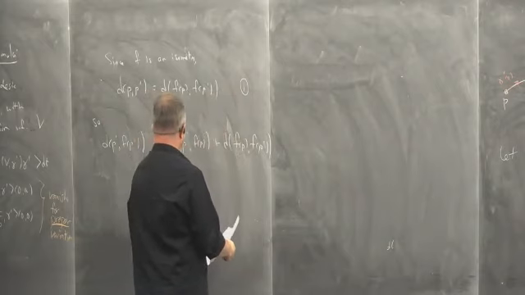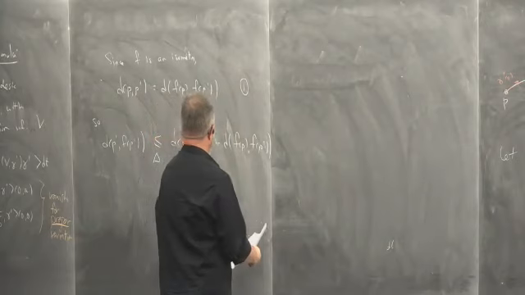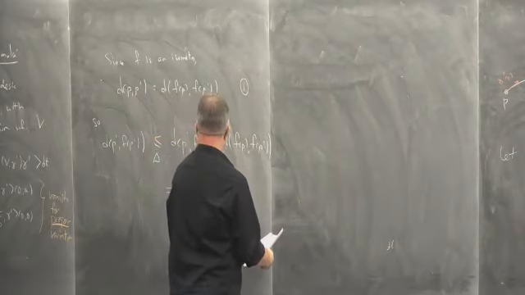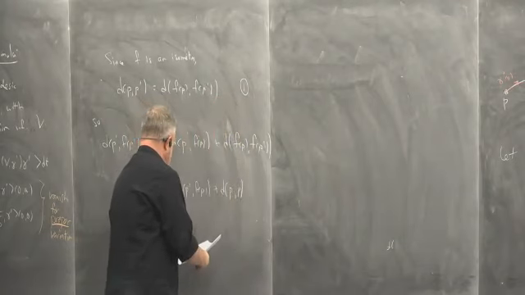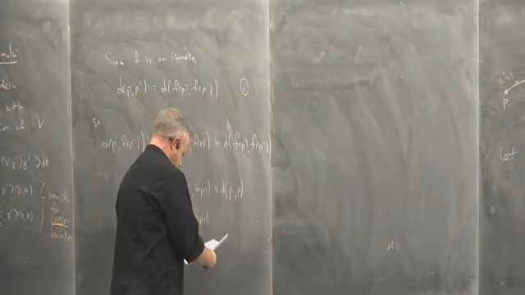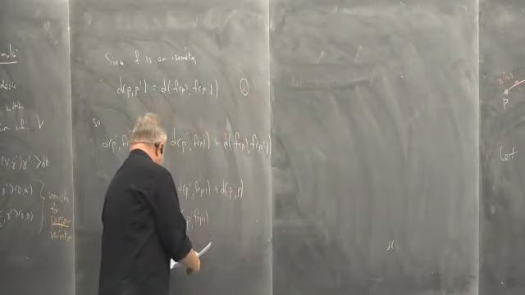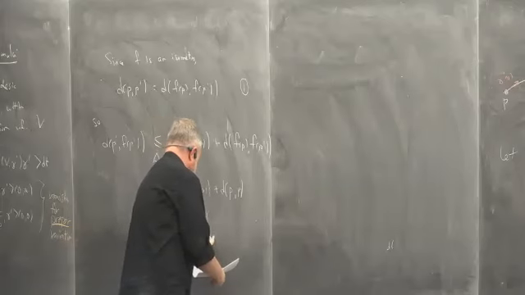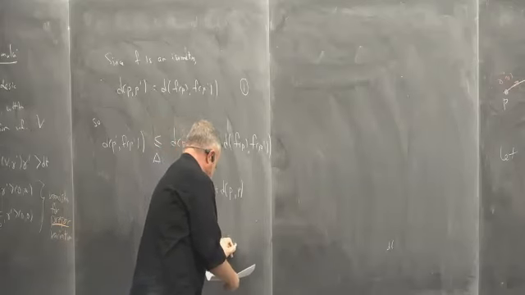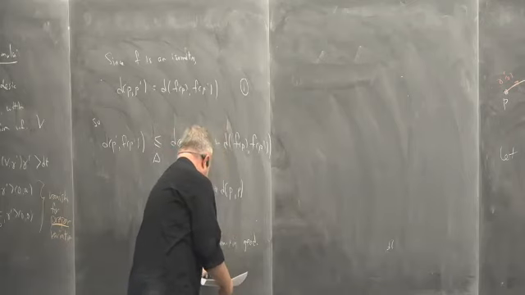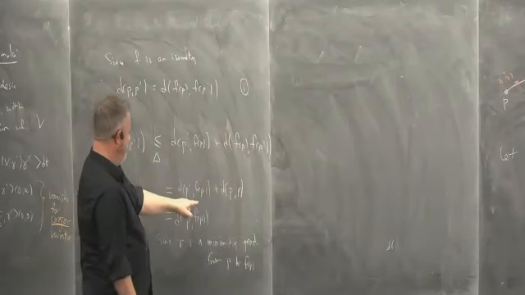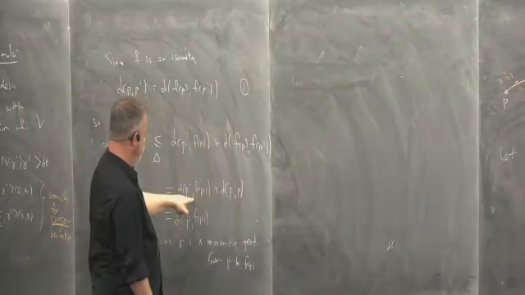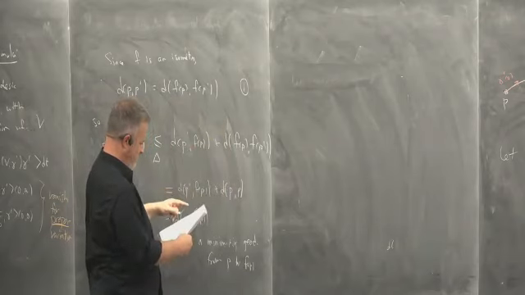This is equal to d of P prime, F of P plus d of P prime, P. But this is equal to the distance from P to F of P, since gamma is a minimizing geodesic from P to F of P. Right? What is this? This is always... what do I want to say?